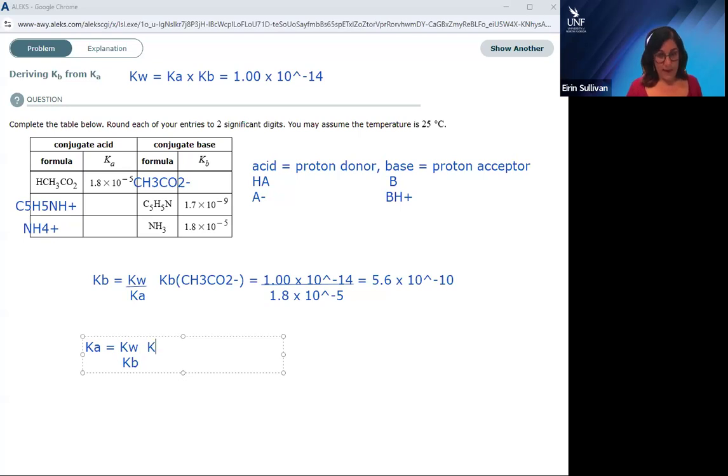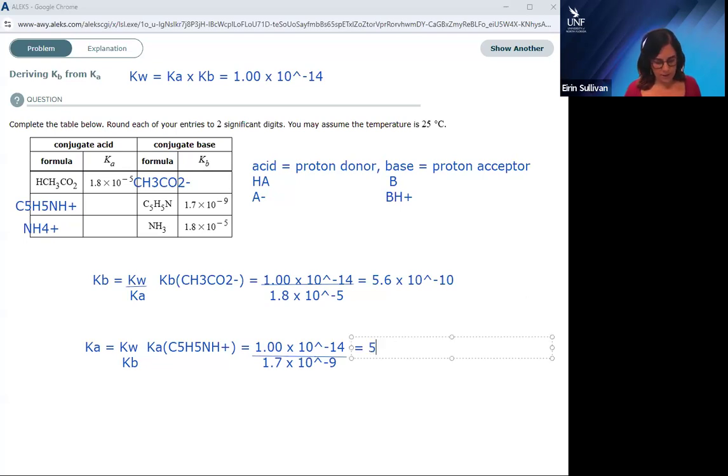So Ka for C5H5NH plus is going to be 1 times 10 to the power of minus 14, the value of Kw, which is always the same, divided by Kb for pyridine, which is given as 1.7 times 10 to the power of minus 9. That's a relatively small value for Kb, so I'm expecting a larger value of Ka for the conjugate acid. And sure enough, that works out to be 5.9 times 10 to the power of minus 6.